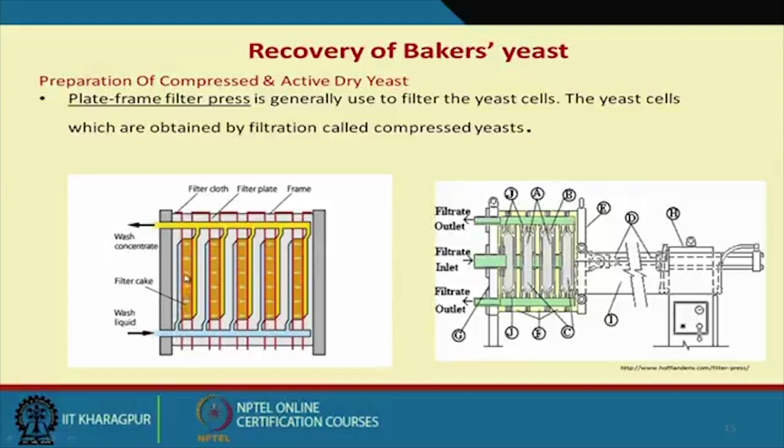The liquid passes through here and we collect it, and the solid material will be trapped here. The baker's yeast will be trapped here. This is the plate and frame filter press.